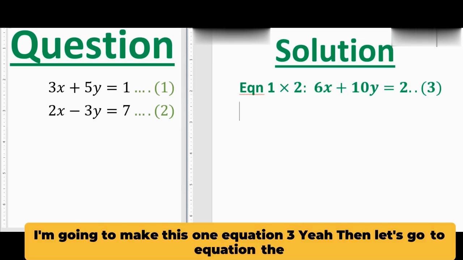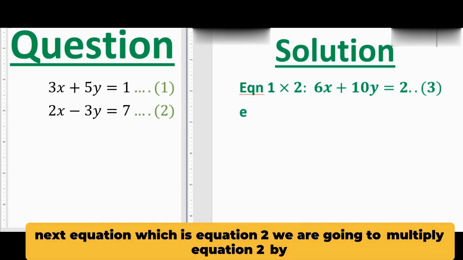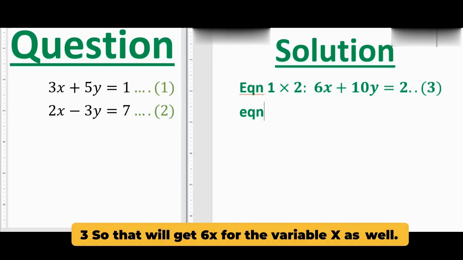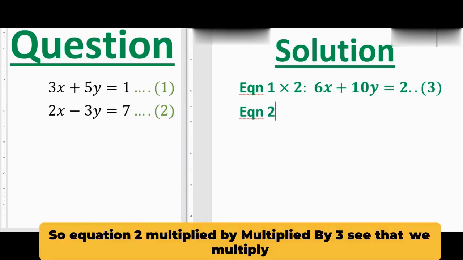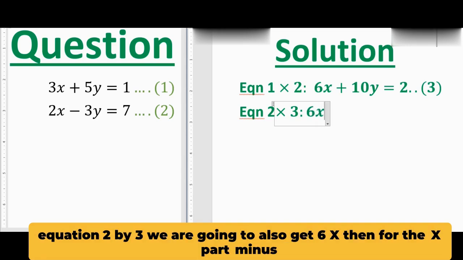Then let's go to the next equation, which is equation 2. We are going to multiply equation 2 by 3 so that we'll get 6 for the variable x as well. See that when we multiply equation 2 by 3, we also get 6x.